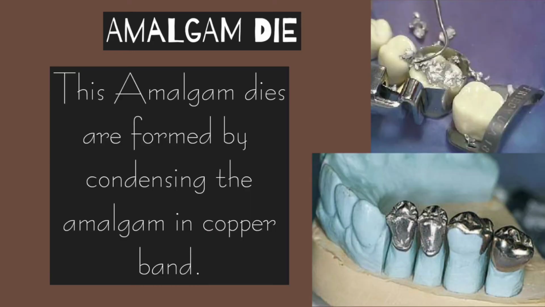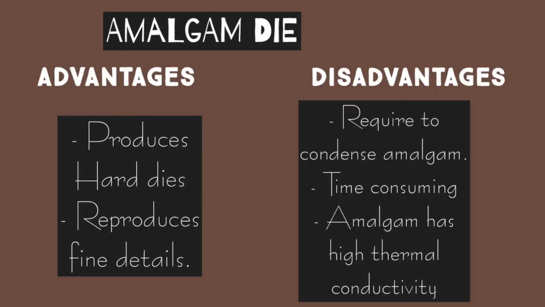So what are amalgam dies? How are these amalgam dies formed? Here we are using a copper band, as we can see in the first picture. We make the impression in the copper band and then we condense the amalgam into the impression. This is the process by which we can obtain an amalgam die. What are the advantages and disadvantages of these amalgam dies?